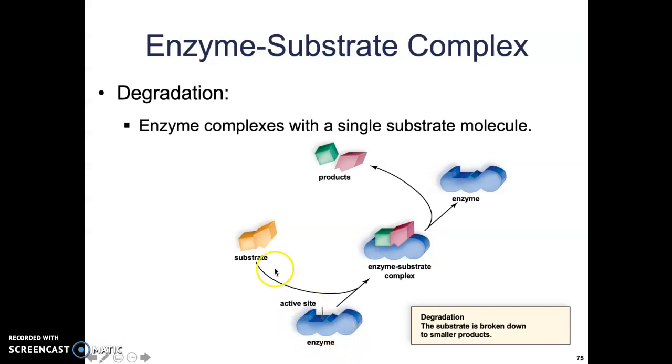Not only can we use enzymes to put substrates together to form products, we can also take a single substrate and put it into that enzyme and snap it apart. So we can put that substrate into the active site of the enzyme, snap those two pieces apart, and release two products and our enzyme.